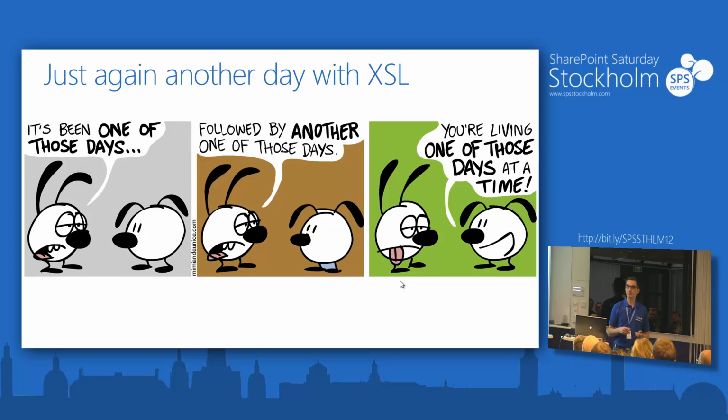The visualization of your HTML was also done via XSL, but the XSL in that web part was a bit harder to maintain and change, because the templates weren't that clean as in a content query web part, and the code jumped around a lot of times. So it was a hard time to maintain these templates.